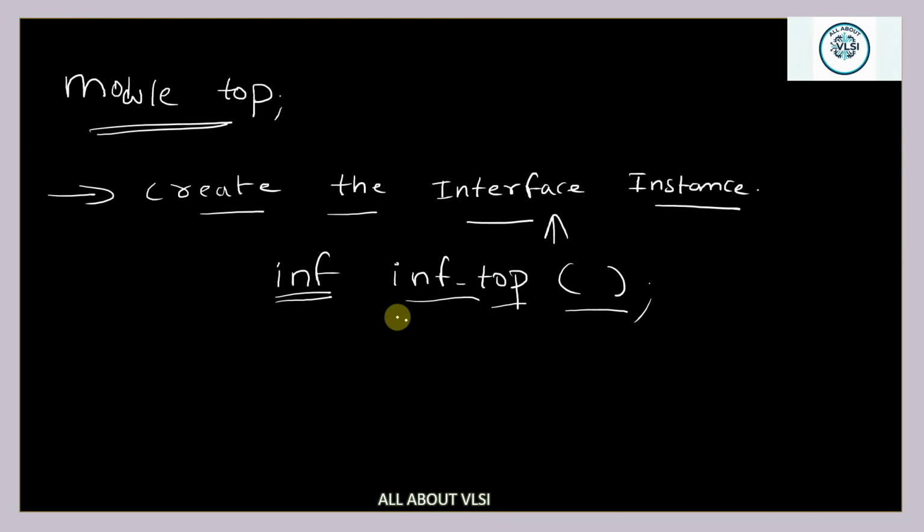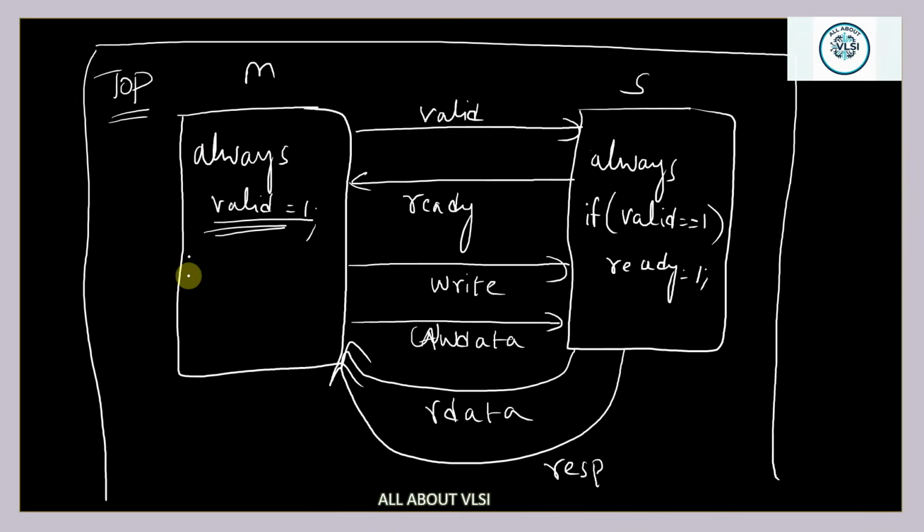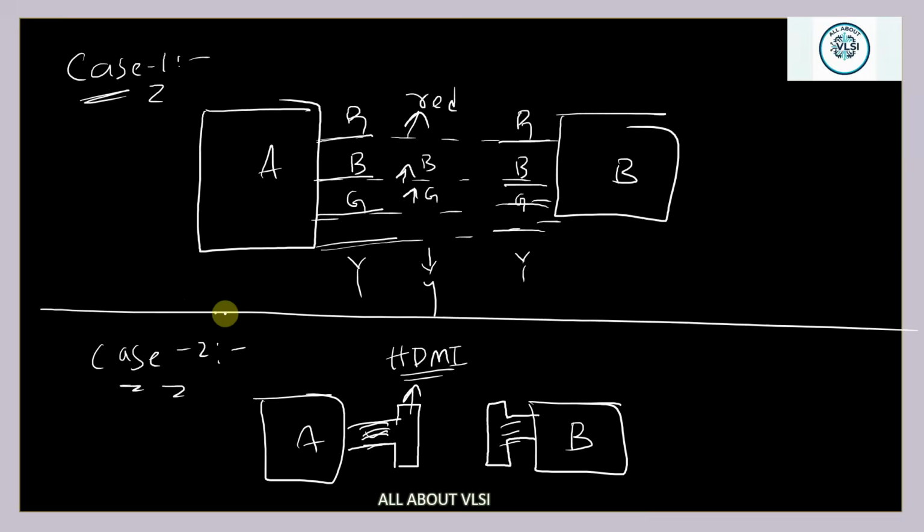After creating your interface instance, you are going to instantiate your master and slave inside your top module. Let's instantiate.